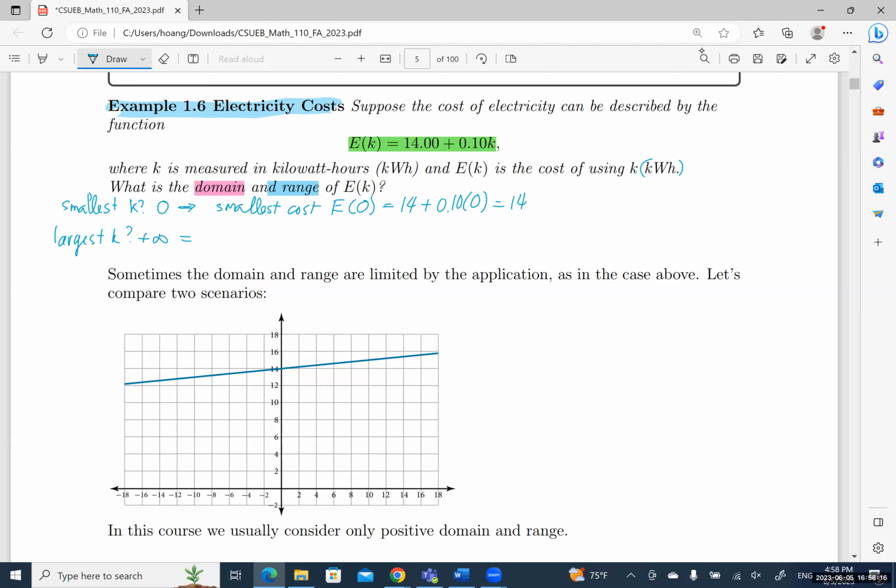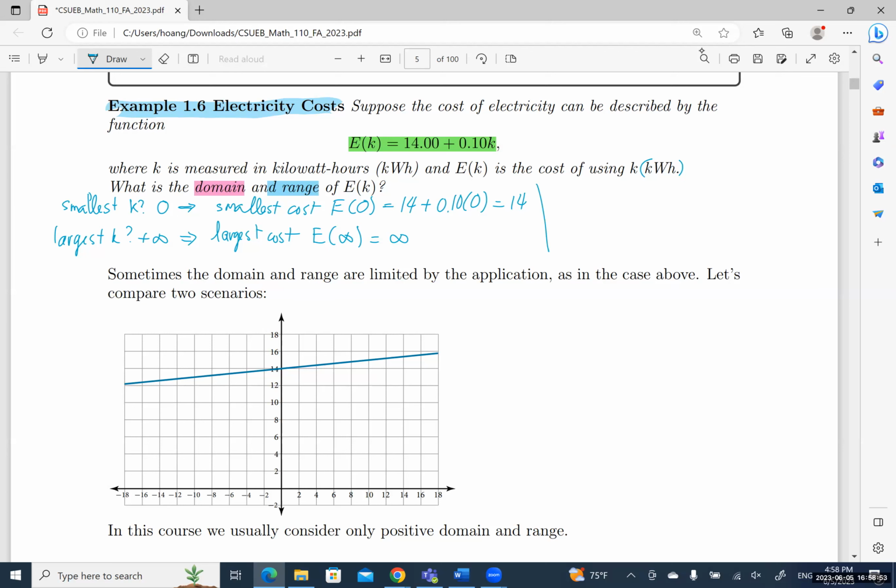And you will say, oh, then the largest cost will be E of infinity, which is also gonna be infinity. Since 14 plus infinity will be just infinity. I mean, it's just a big number.